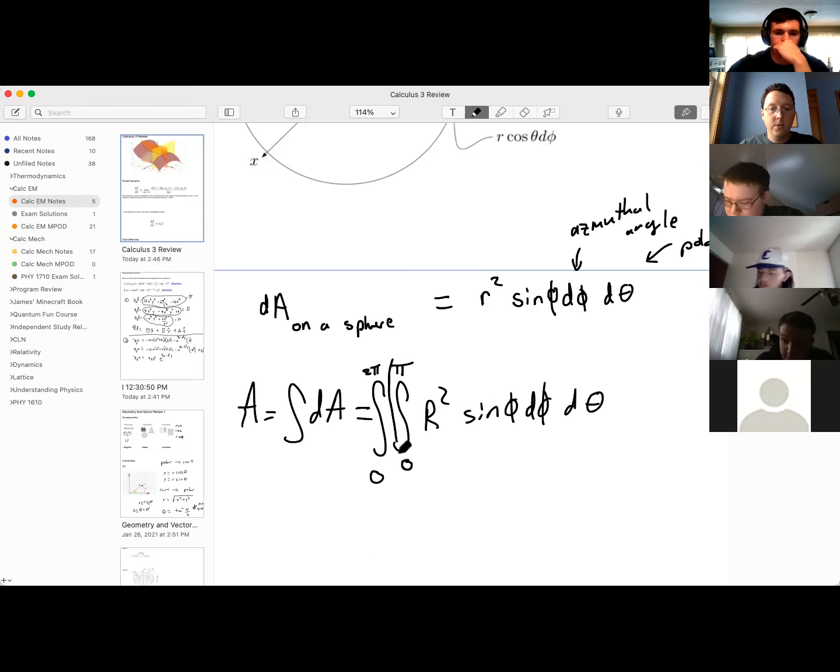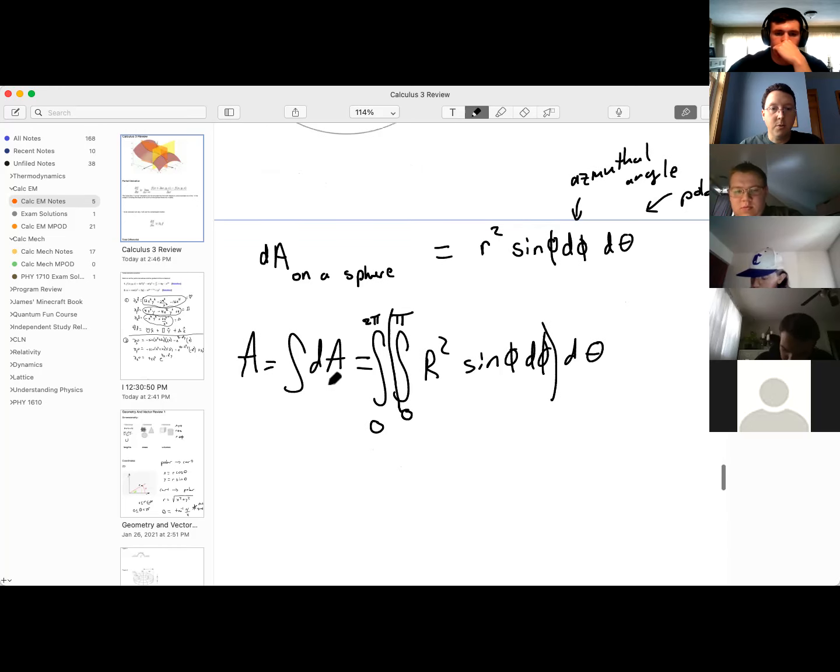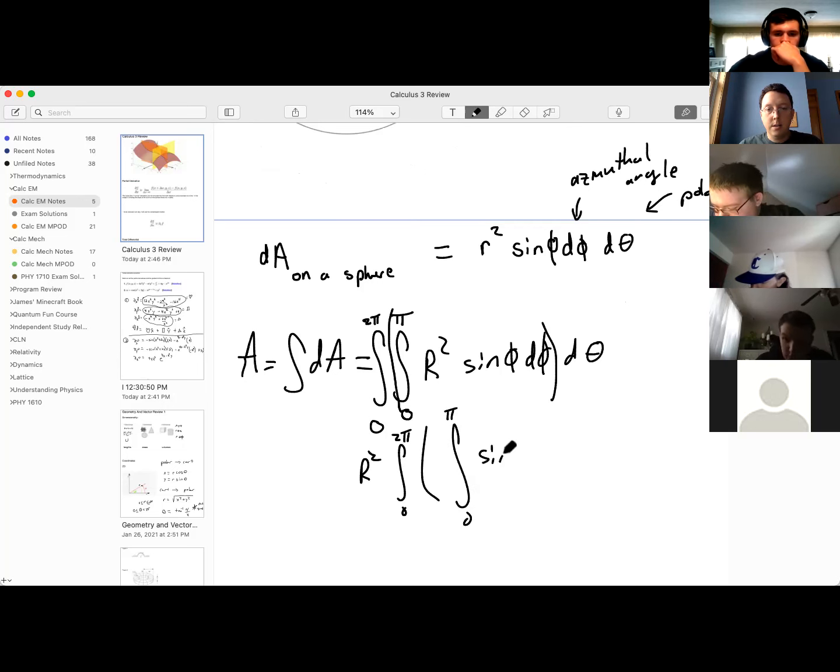Okay, so first do the interior one. Well, r is a constant because it's a sphere, so you can pull that out. So you get r squared, integral 0 to pi, integral 0 to 2 pi, sine phi d phi d theta. What is the integral of sine?